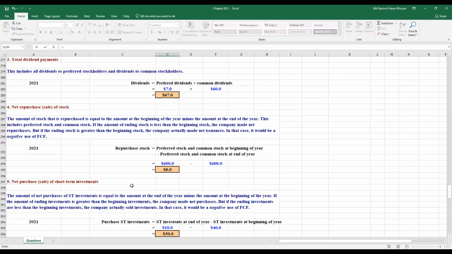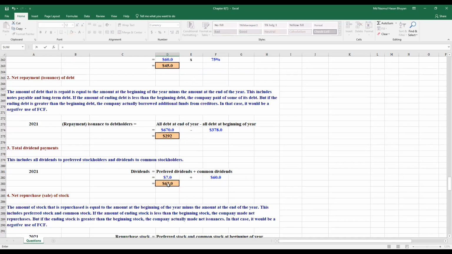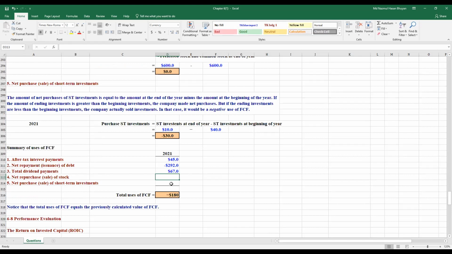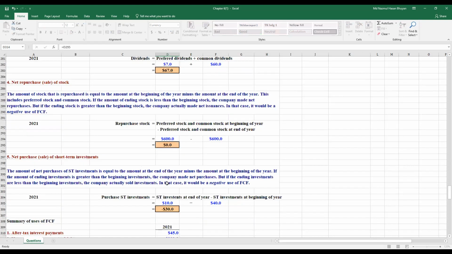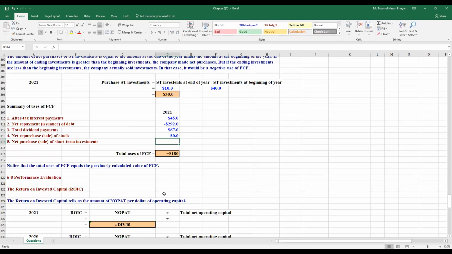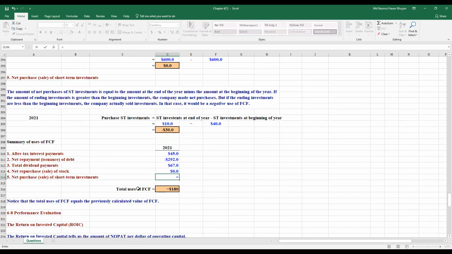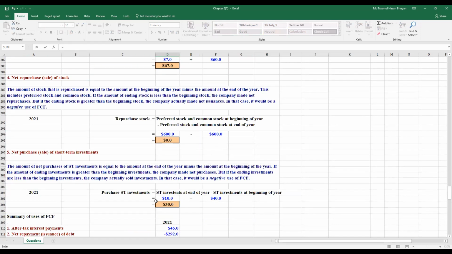Then total dividend payment, again it is expense. So expense accounts or outflows should be positive here. Then again, net repurchase of stock, value is 0. Then net purchase of short-term investment. So here, purchase of investment. So purchase means what? Cash outflow. So we here calculated purchase.